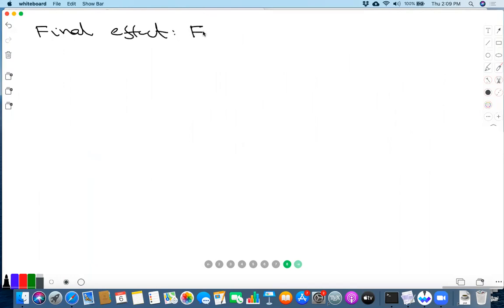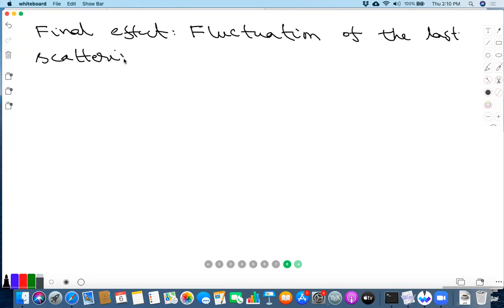And that is the fluctuation of the last scattering surface itself. Or I can say the fluctuation of the time of last scattering.